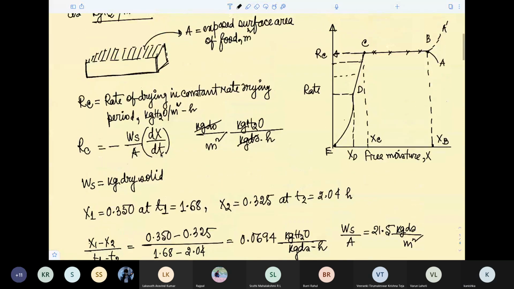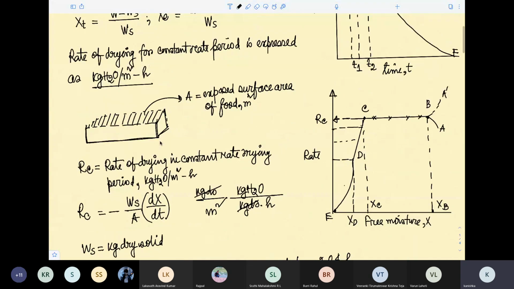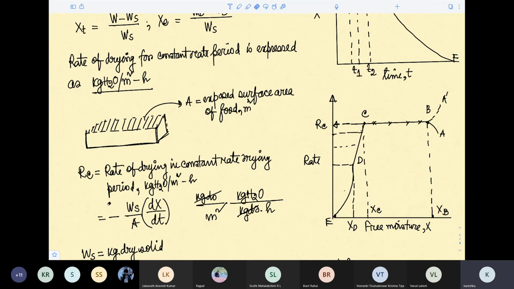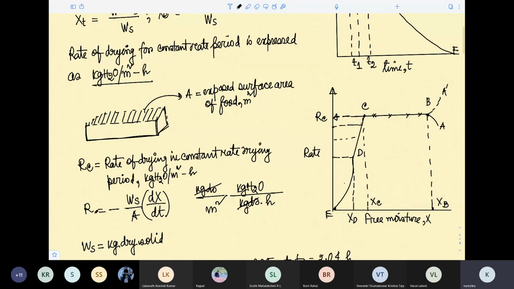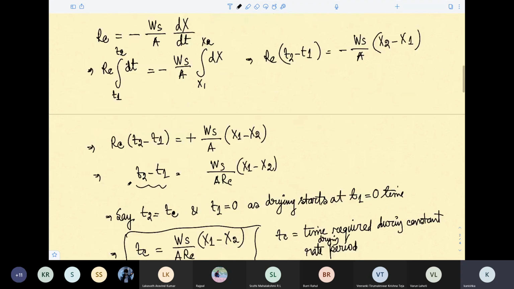I would rather write it as a r. At constant rate period, r equals rc. So this is the general expression actually, that I forgot to mention.